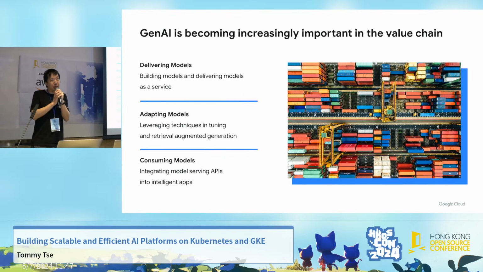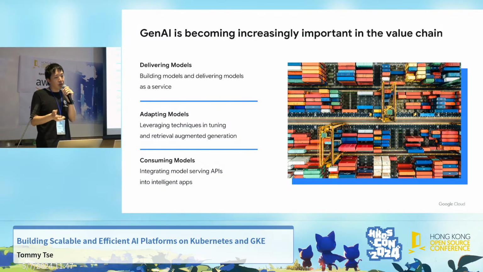Okay, this topic is also around AI. Gen AI has been everywhere since last year. There are many companies, including Google, building and delivering new foundation models, for example Gemini, and we also have an open model called Gemma.